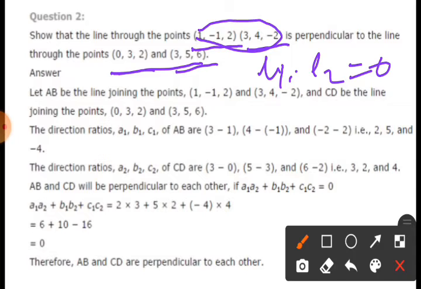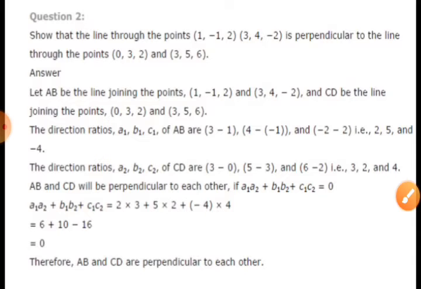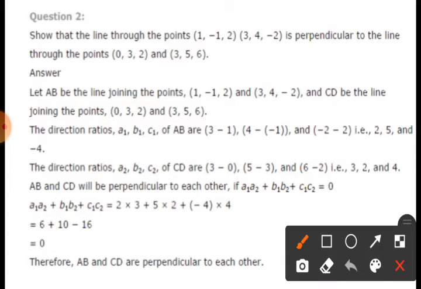Let AB be the line joining the first two points, and CD the line joining the points 0, 3, 2 and 3, 5, 6. The direction ratios a1, b1, c1 of AB are 3 minus 1, 4 minus of minus 1, and minus 2 minus 2.